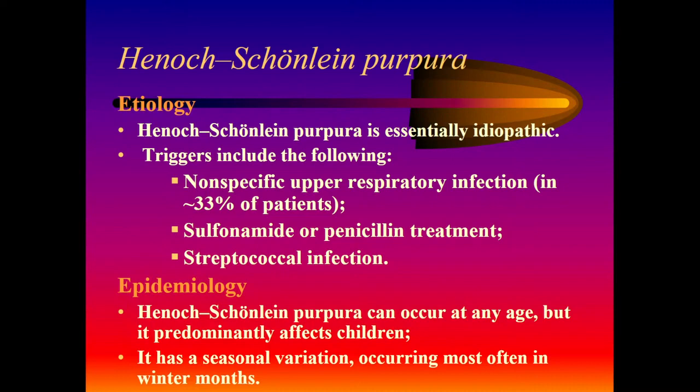Epidemiology: Schönlein-Henoch purpura can occur at any age, but it predominantly affects children. It has a seasonal variation, occurring most often in winter months.